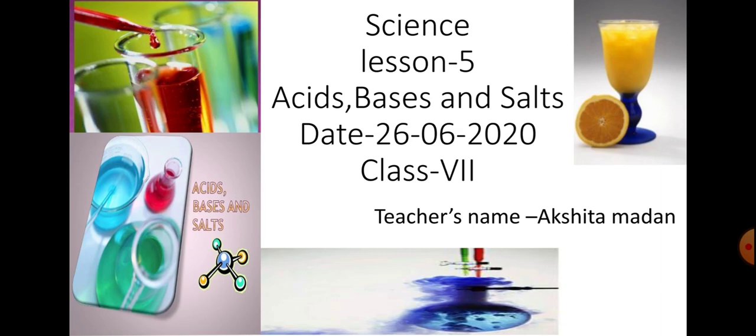First, we use a large number of substances in our daily life, such as lemon, tamarind, common salt, sugar, and vinegar. Do they have the same taste? No, every substance has a different taste.